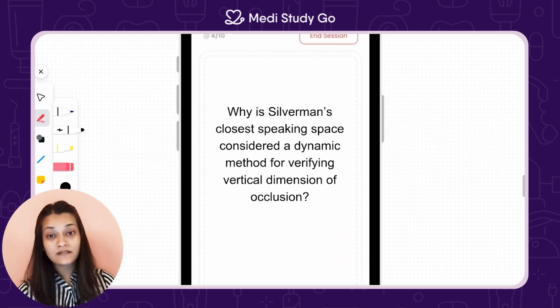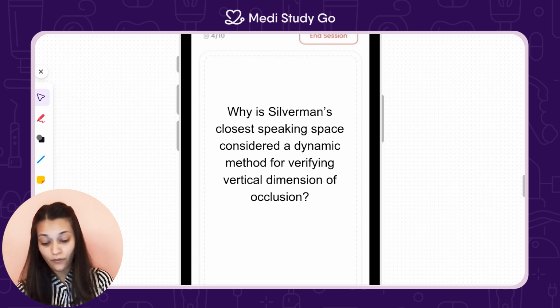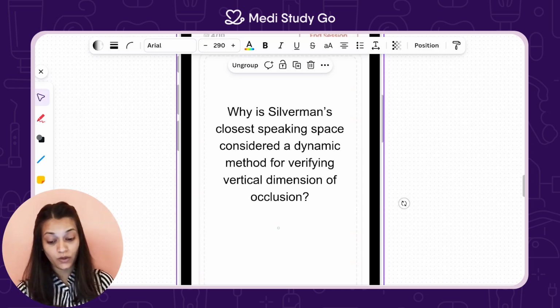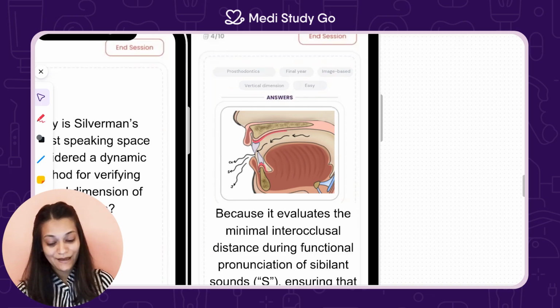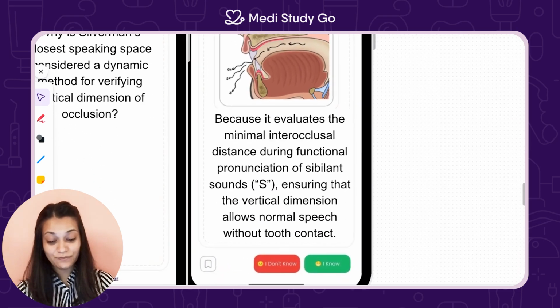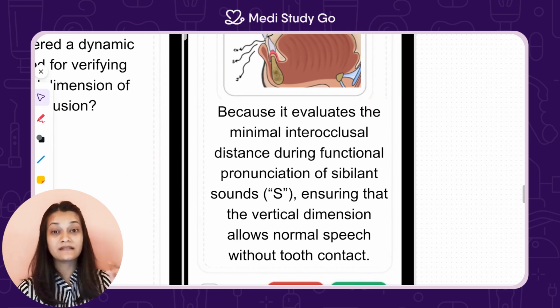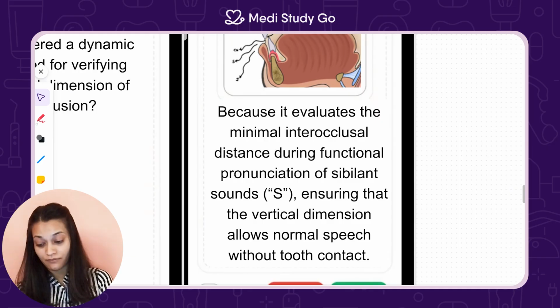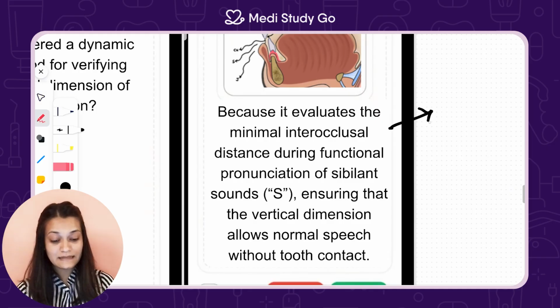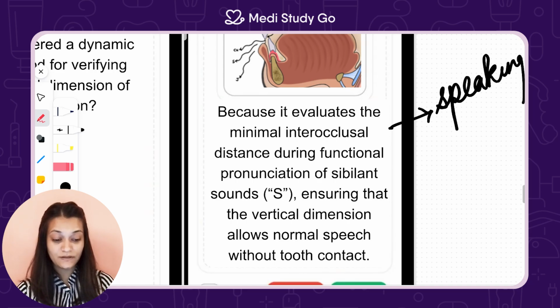Why is Silverman's closest speaking space considered a dynamic method for verifying vertical dimension at occlusion? Why do you think? Because it's going to be the minimal interocclusal distance during function. What is the function here? It is nothing but speaking. So again, it is a physiologic position.